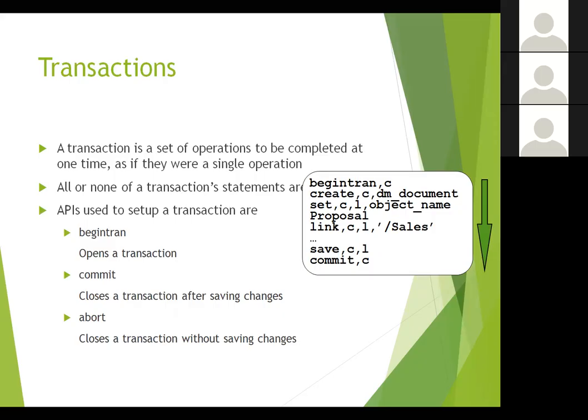Sometimes we have a requirement like this: either every work should be done or nothing should be done. In that case, Documentum provides one special feature that is called transaction. You can execute all those operations within the transaction.